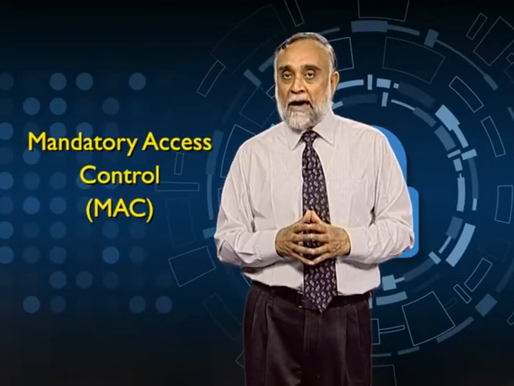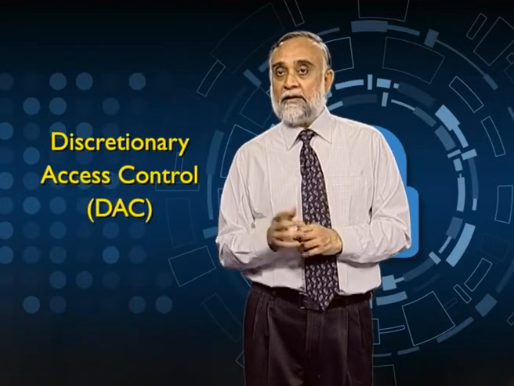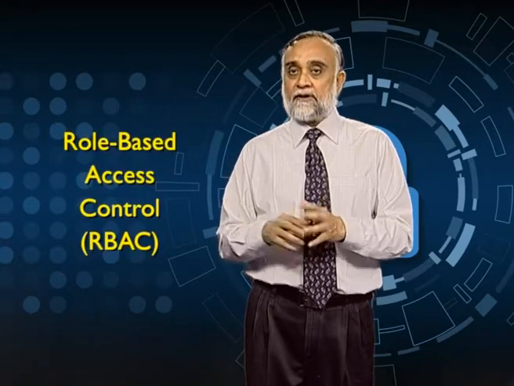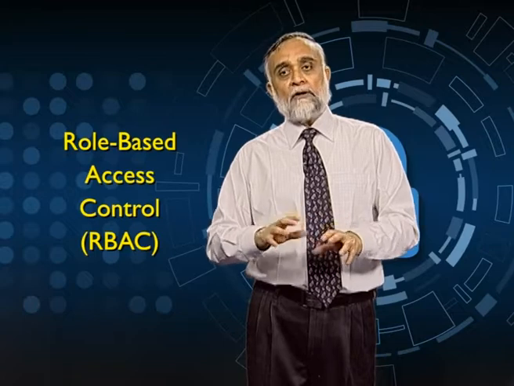The most widely used access control notions are mandatory access control, in short MAC, discretionary access control, in short DAC, and role based access control, that is RBAC, or a combination of all of these. Let us talk about mandatory access control or MAC.